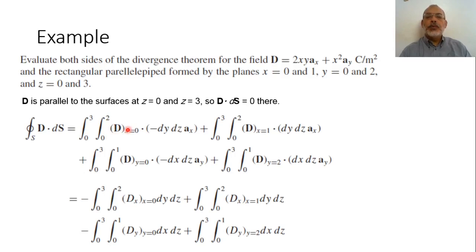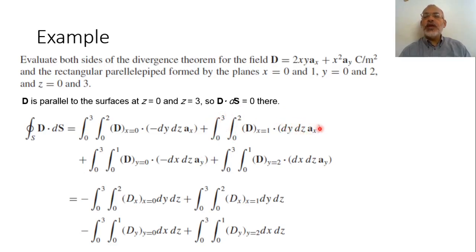The other face, x equals 1. At x equals 1, it is the front face, and in this case the normal to the surface would be in the positive ax direction. The surface would be composed of dy dz in the positive x direction, with the limit of integration on y from 0 to 2 and on z from 0 to 3.